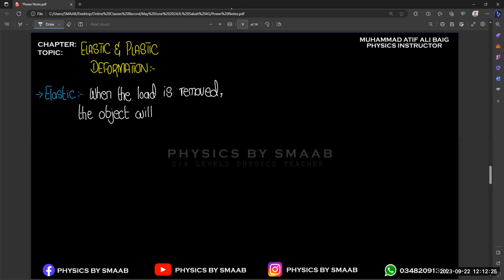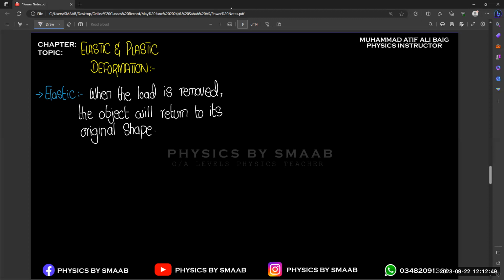So the object will return to its original shape. And the second thing is the plastic deformation.